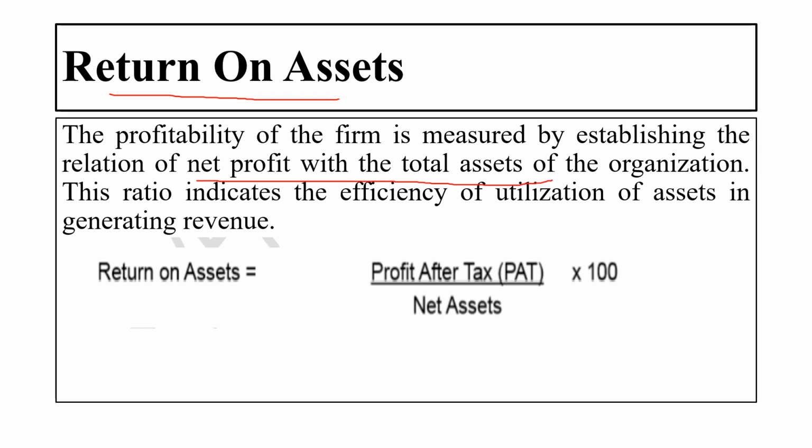This ratio indicates the efficiency of the utilization of assets in generating revenue. Revenue means the income for the business. So here the return on assets equals profit after tax divided by net assets of the company, multiplied by 100. You will get the return on assets.